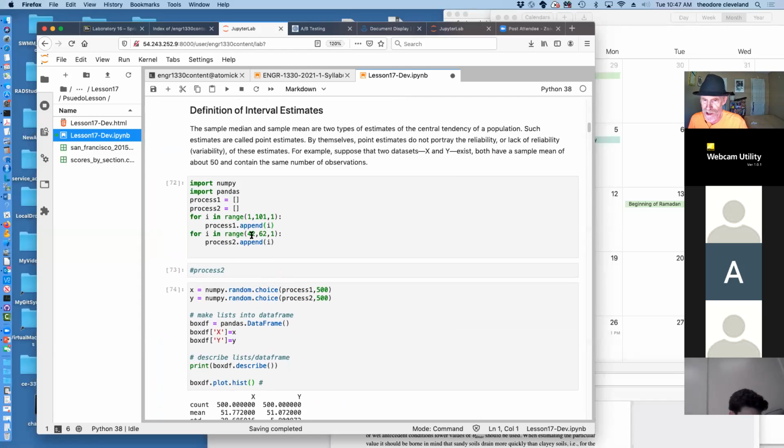Oh, I was just changing the range of the population. I made a population from 1 to 100 and from 41 to 61, and I was just changing the population limits. Okay, I got it.